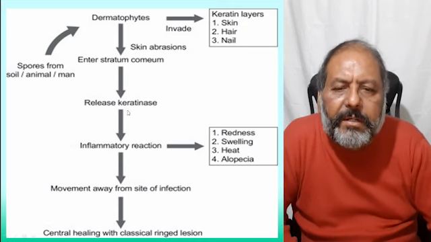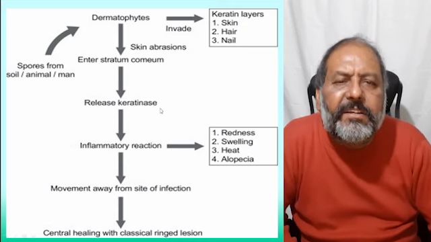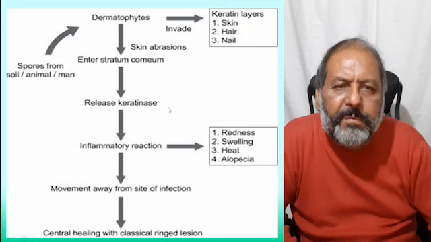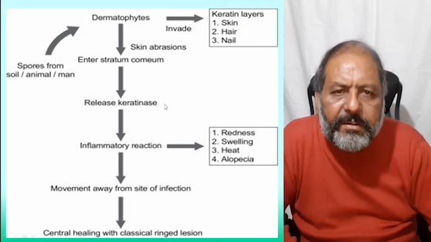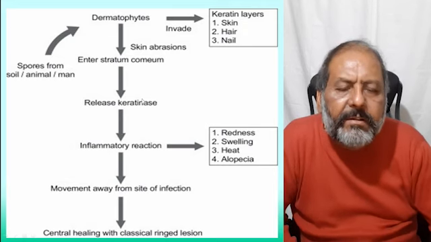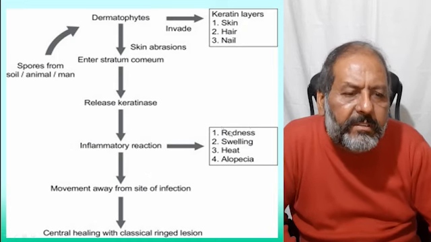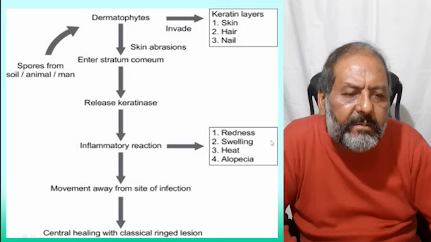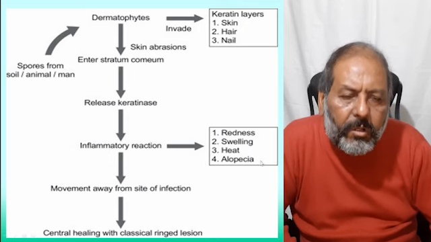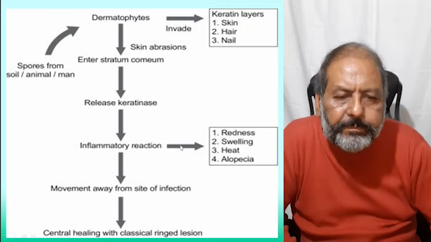These dermatophytes now release keratinase enzyme, which is capable of destroying the keratin layer of the skin, and then an inflammatory reaction occurs, causing the lesion, the redness, the swelling, the heat, or loss of hair, the alopecia.